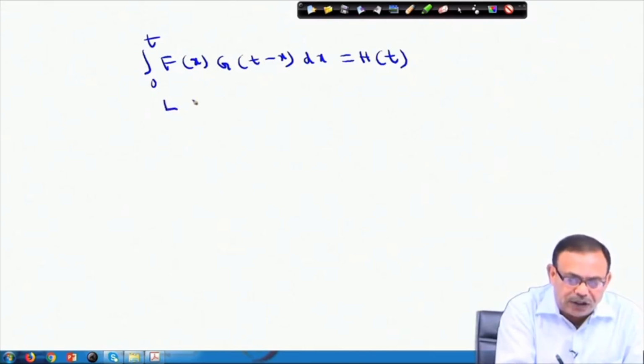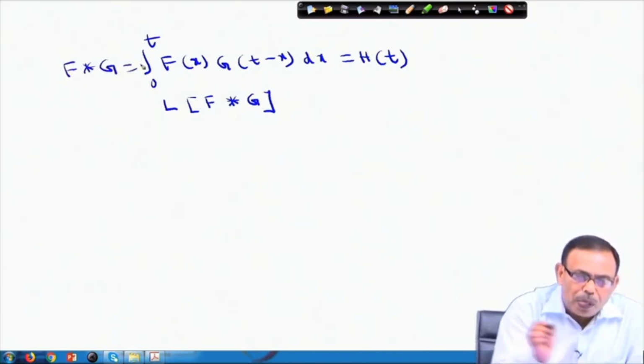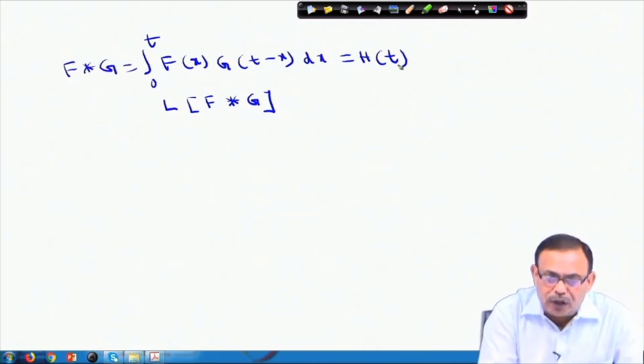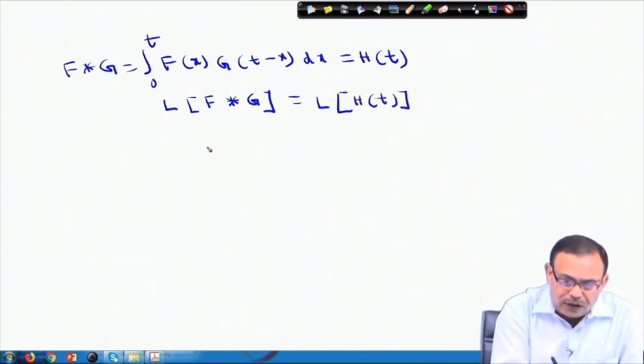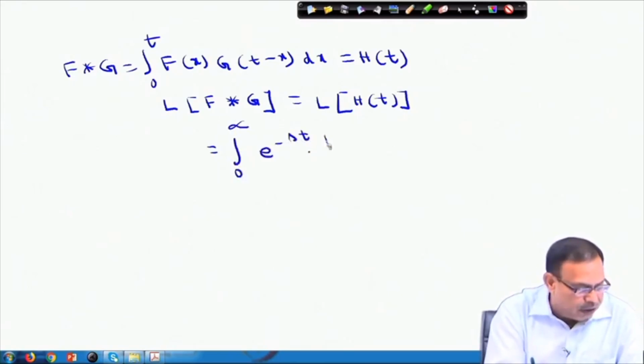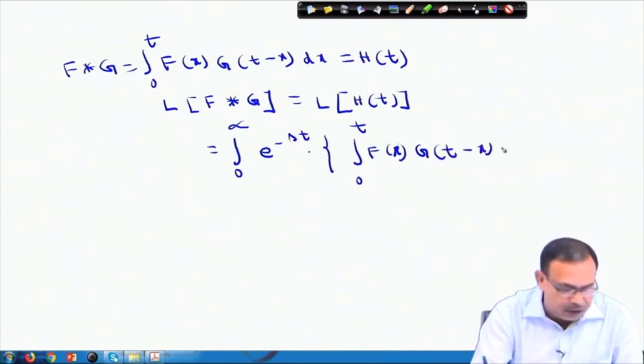That is, we can say that this is nothing but f star g, so f star g equals h(t). Now, the Laplace transform of f star g, I can write as the Laplace transform of h(t), and this is equal to the integral from 0 to infinity of e power minus s t into the integral from 0 to t of f(x) g(t minus x) dx, dt.